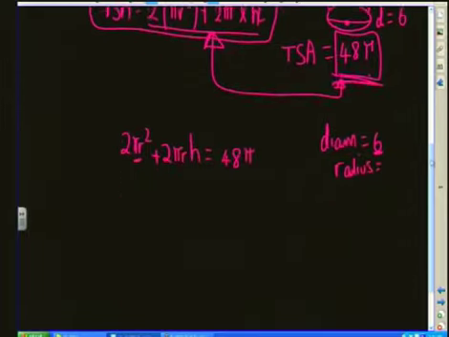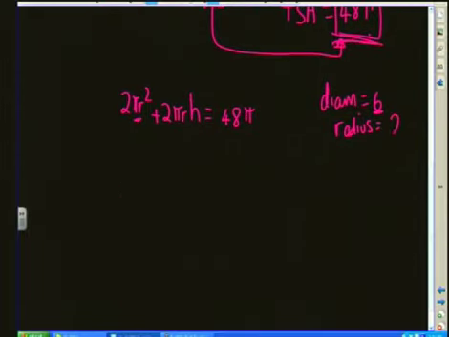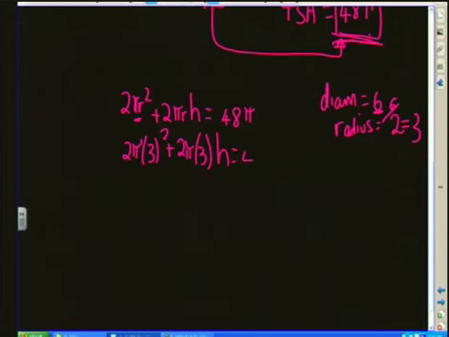If they gave you the diameter, you need to divide by 2 to get your radius. So the radius, we take the diameter, which is 6, we divide it by 2, and we get an answer of 3. This is going to become 2 pi times 3 squared plus 2 pi times 3 times h is equal to 48 pi.